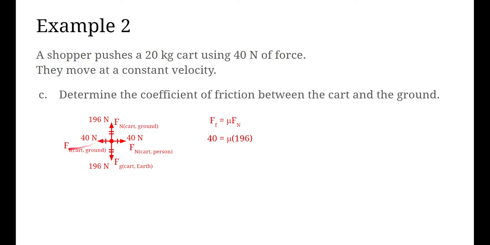And so here we have the friction force is 40 newtons, the normal force based on the same object. So we're looking at the cart and the ground here. So that normal force is 196. And if we divide both sides by 196, we get a coefficient of friction of 0.204. Remember that coefficients of friction do not have units.